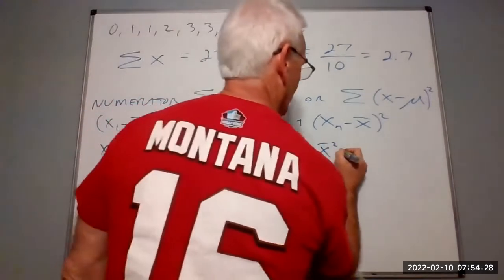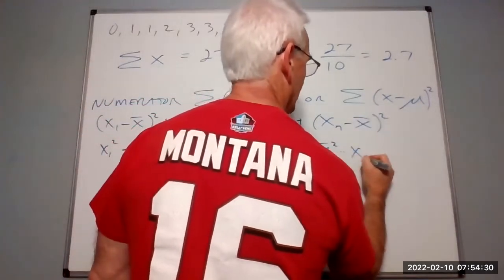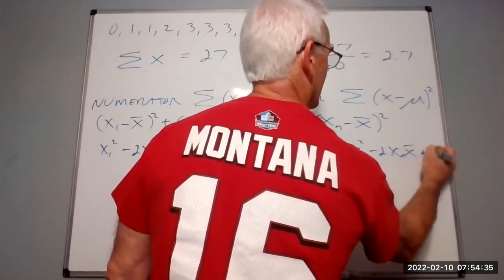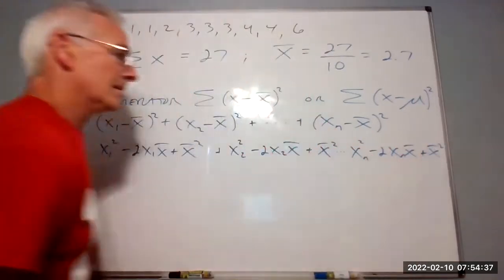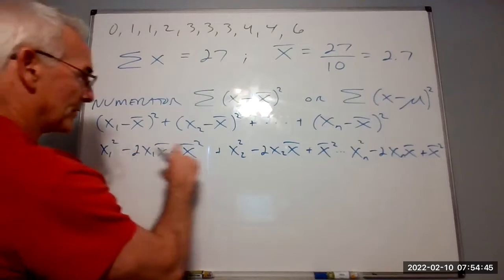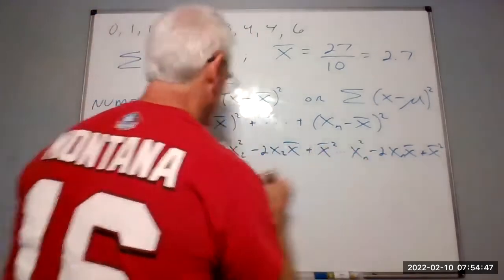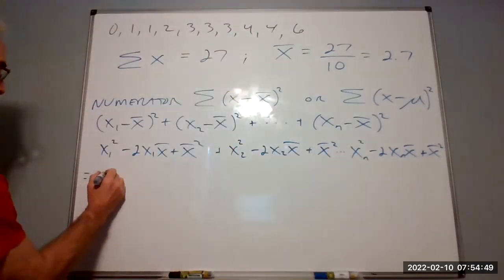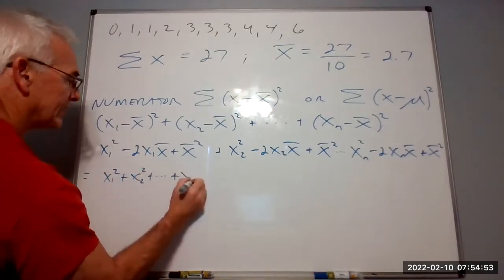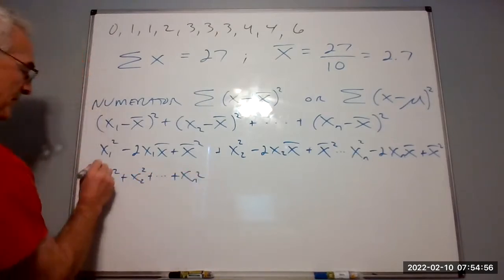I'm going to go dot, dot, dot, all the way down the line, xn squared minus 2 xn x bar plus x bar squared. Boy, did I make it better or did I make it worse? Well, we're going to gather all the terms, okay? So I'm going to start by first gathering all the squared terms. So I'm going to have x1 squared plus x2 squared all the way down to xn squared. That's my first.